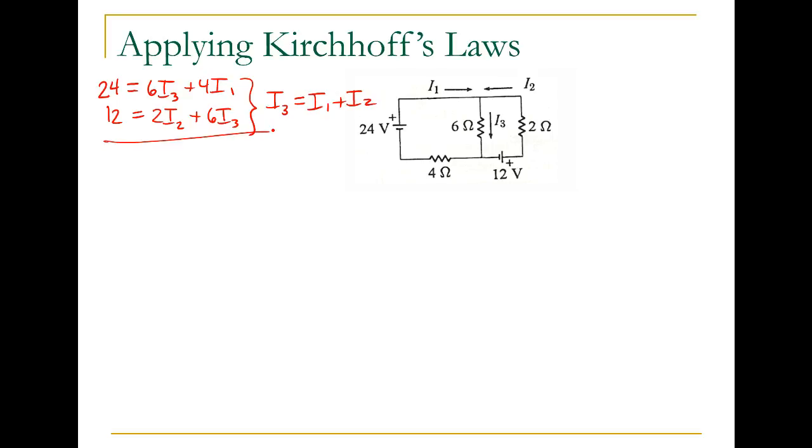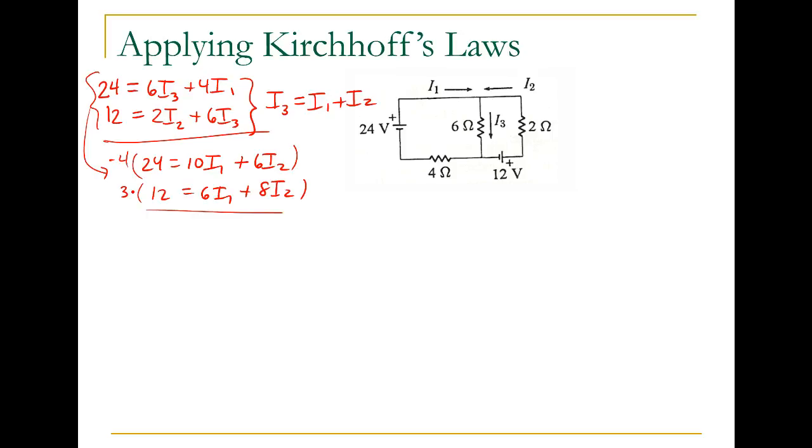Now go ahead and pause if you have to kind of figure this out, but that's going to turn into the system 24 is equal to 10I1 plus 6I2, and 12 is equal to 6I1 plus 8I2. And then I'll multiply this by -4 and that by 3 to eliminate I2. And I'm going to get -60 is equal to -22I1, which means that I1 is going to be 60 over 22, or 2.73 amps.